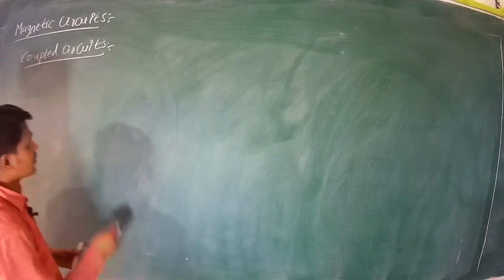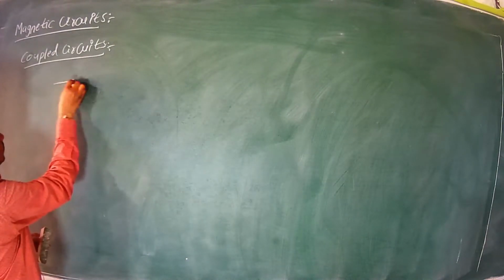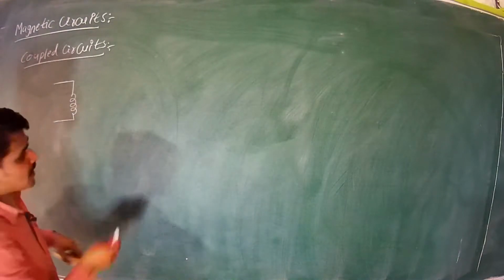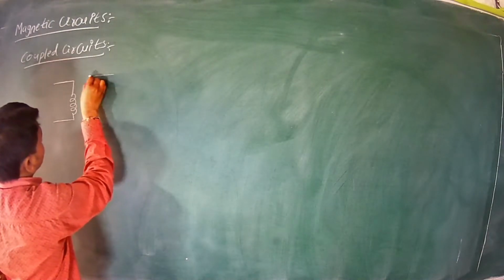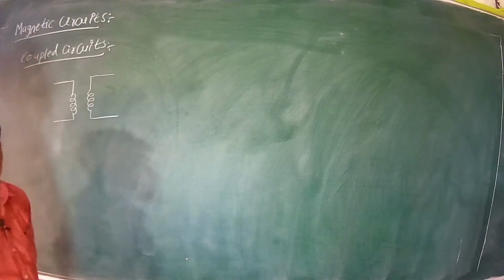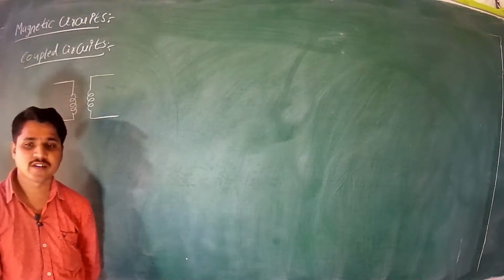Coupled circuit means we have one circuit on the left side and another circuit, very close to the first one, on the right side.